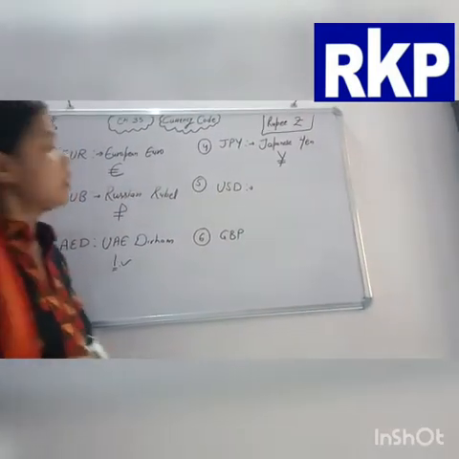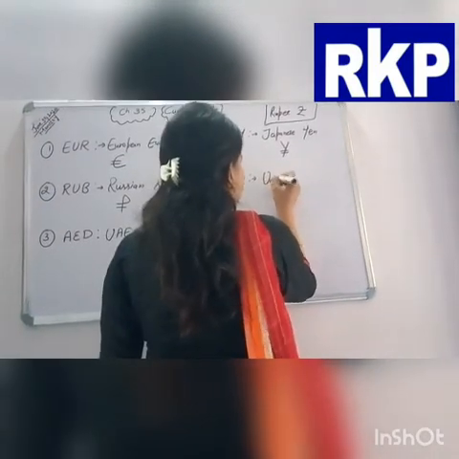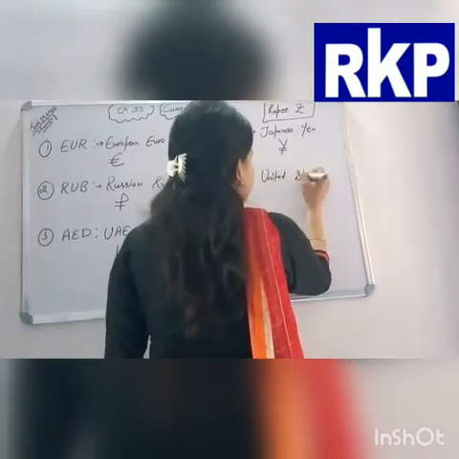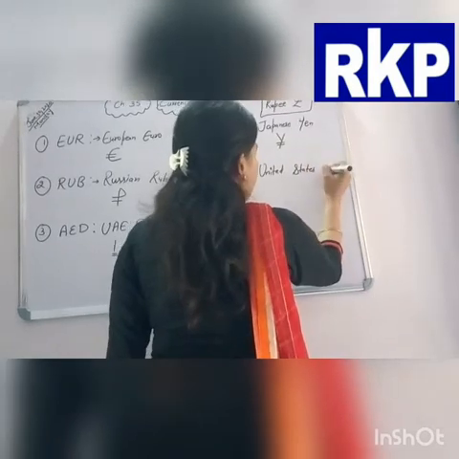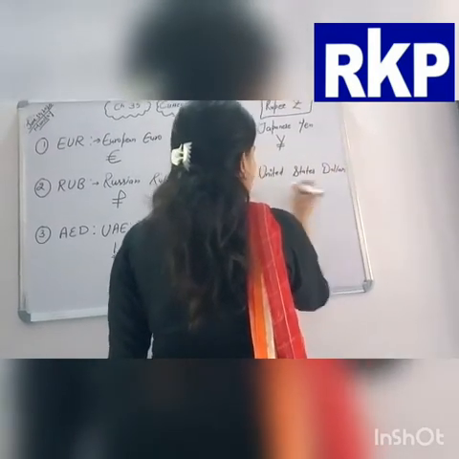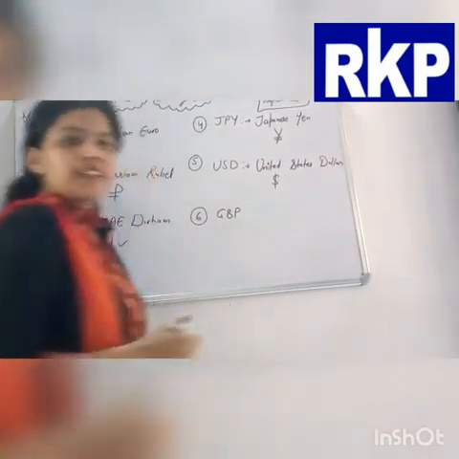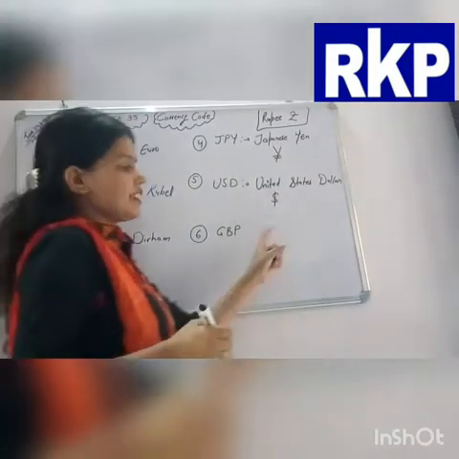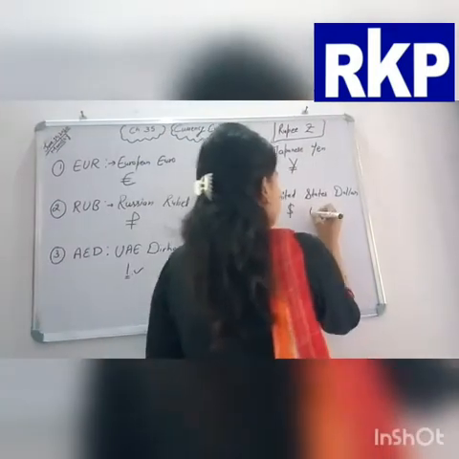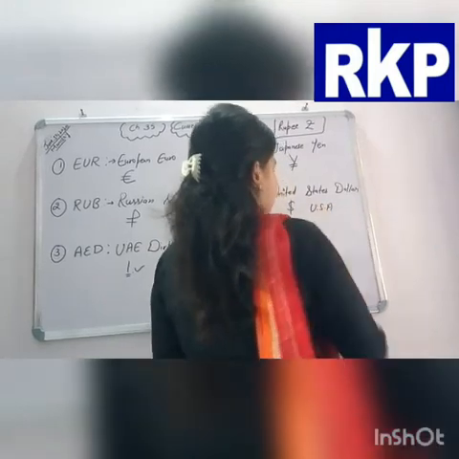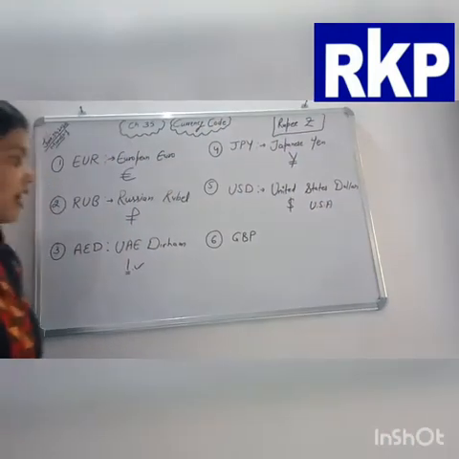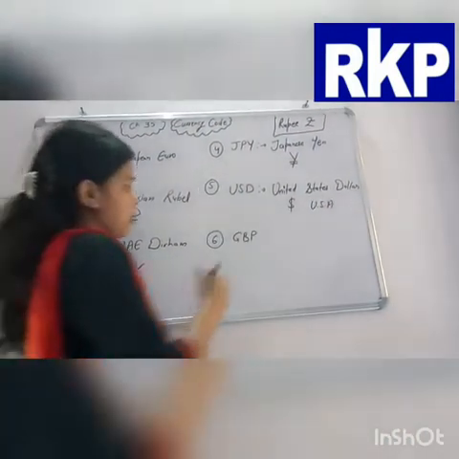USD stands for United States dollar. You are all aware of the dollar, and the sign of the dollar is this dollar symbol. Especially this currency is of the USA. And the last is GBP.